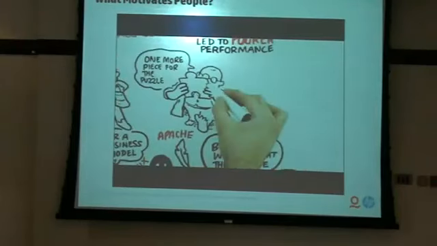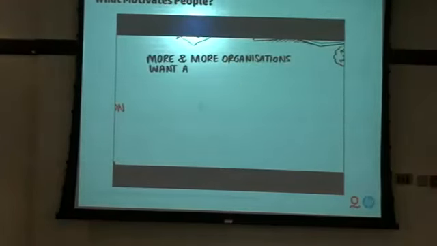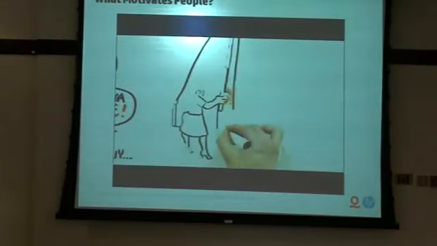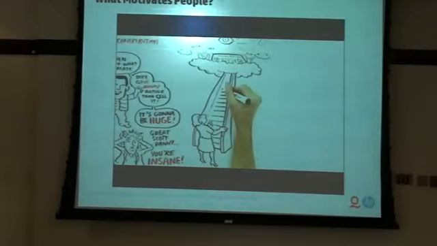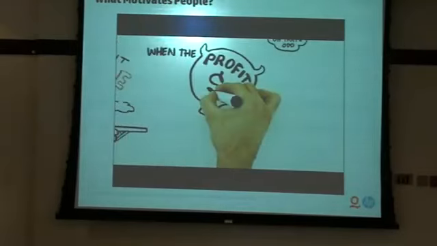That's it. What you see more and more is the rise of what you might call the purpose motive. More and more organizations want to have some kind of transcendent purpose. Partly because it makes coming to work better, partly because that's the way to get better talent. And what we're seeing now is, in some ways, when the profit motive becomes unmoored from the purpose motive, bad things happen.